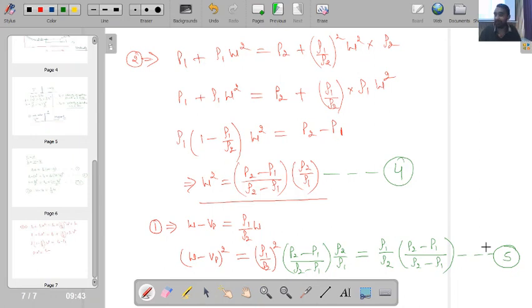Once I have obtained these relations, I can substitute them into our energy equation.